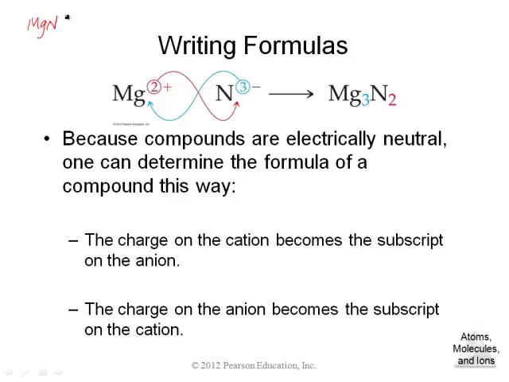In order to be electrically neutral, the total number of positive charges should be exactly the same as the total number of negative charges. So a 1-1 ratio doesn't work. So where do we have a charge imbalance? This is 2 plus and this is 3 minus. If you write it this way, you have an overall 1 extra negative charge. So let's add another Mg. So now we have Mg2N. Is that electrically neutral?